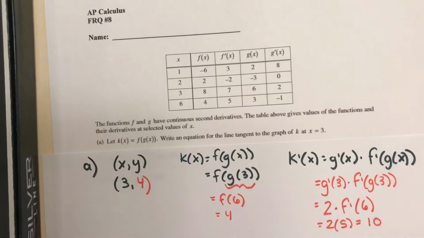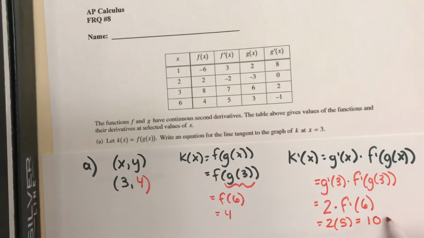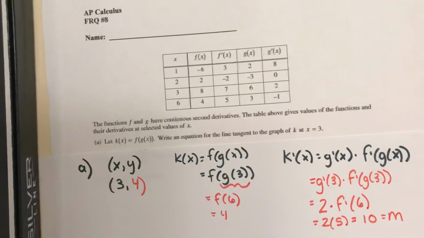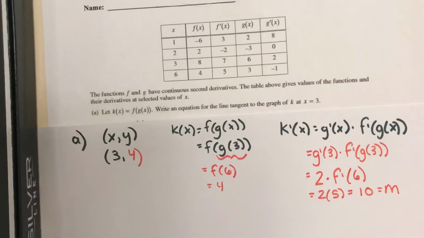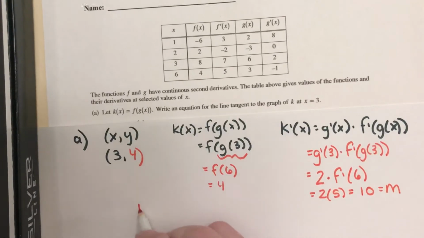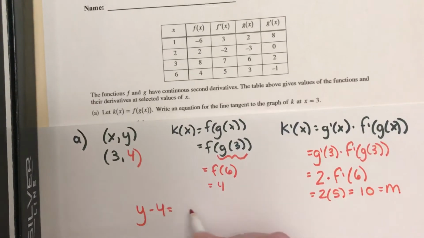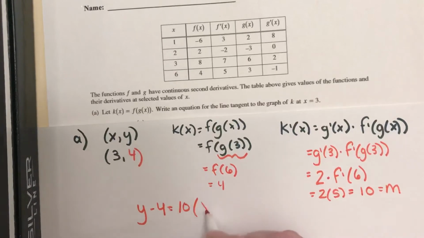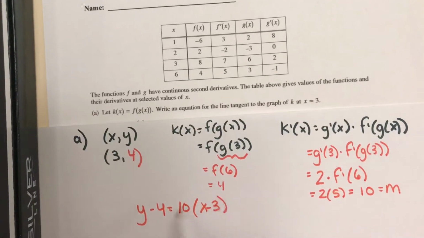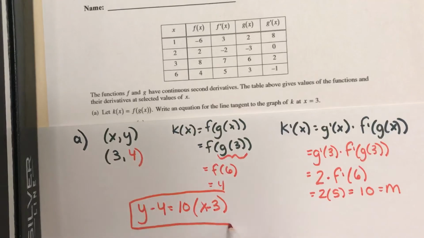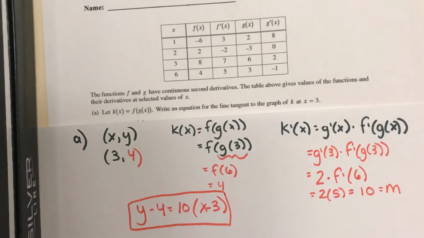And that gives me 10. So that's my slope. So our equation would be y minus 4 equals 10 times x minus 3. And there is our final solution to letter A.